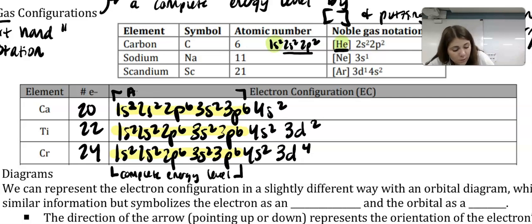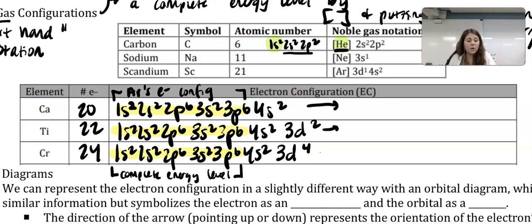This corresponds to argon's electron configuration. So to put the shorthand, all we would have to do is put Ar, which is referencing what I have highlighted, and then whatever remains that was not highlighted, so 4s2.